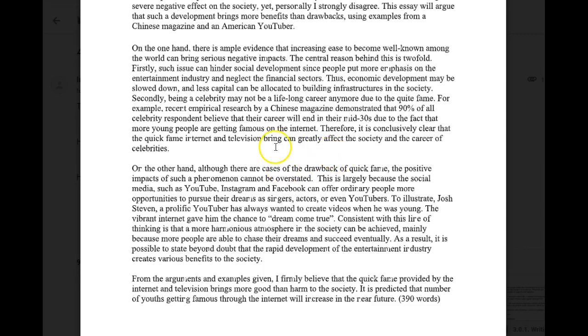On the other hand, although there are cases of the drawbacks of quick fame, the positive impacts of such a phenomenon cannot be overstated. This is largely because the social media, such as YouTube, Instagram, and Facebook, can offer ordinary people more opportunities to pursue their dreams as singers, actors, or even YouTubers. To illustrate, Josh Stephen, a prolific YouTuber, has always wanted to create videos when he was young.